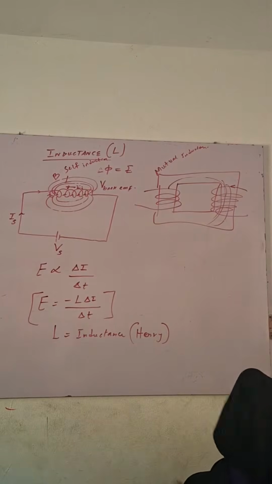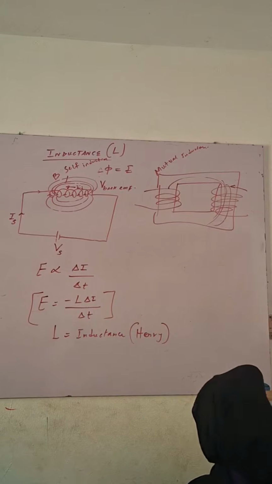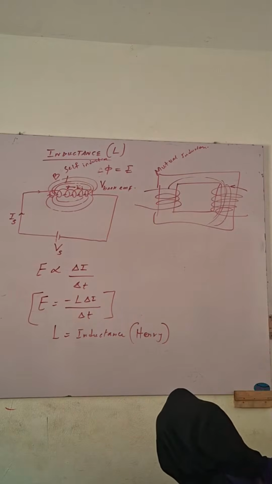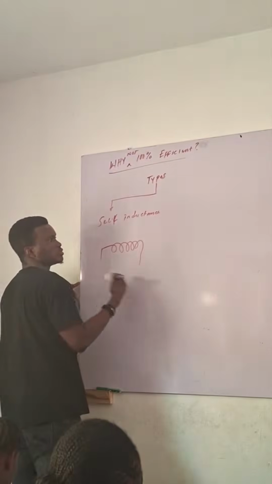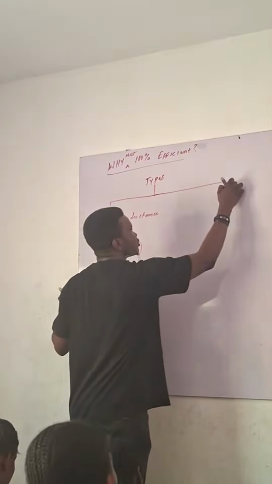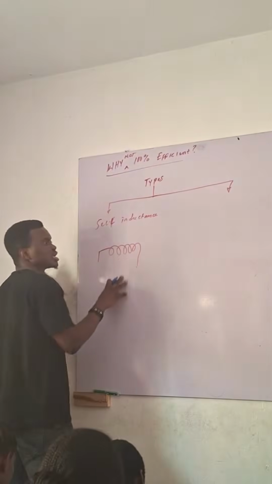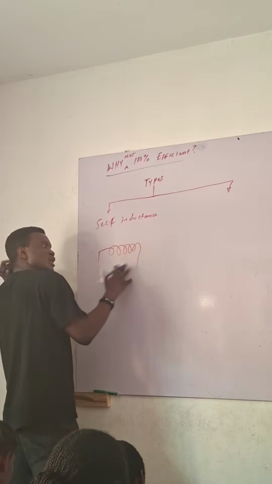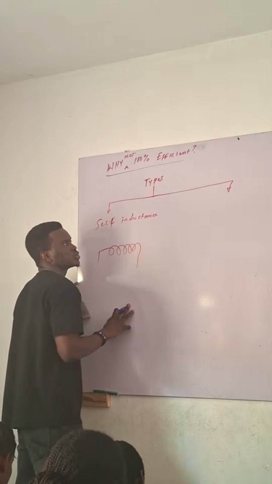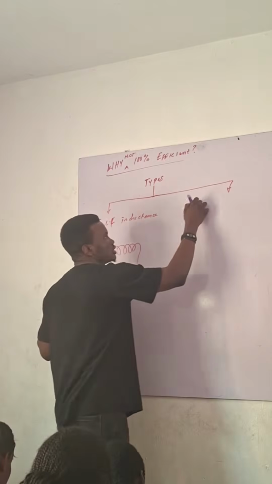We have types. So we have self-inductance, when it involves a single coil, and that single coil generates a field, which generates an induced current that is opposing the motion of what is producing it.